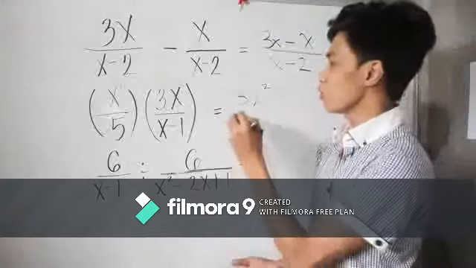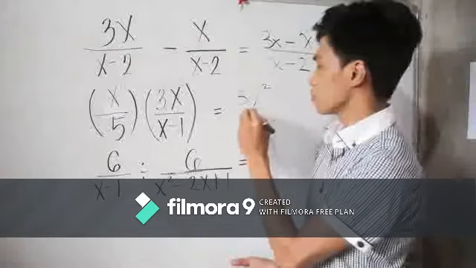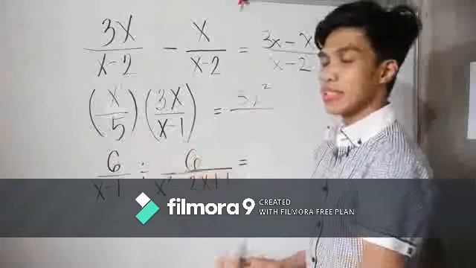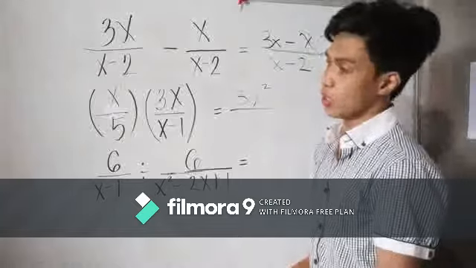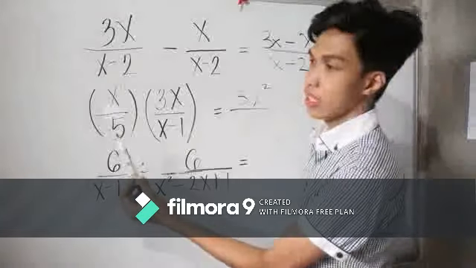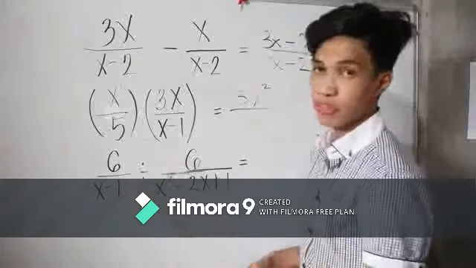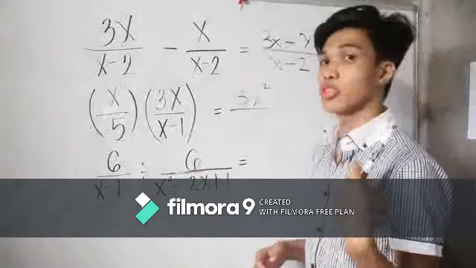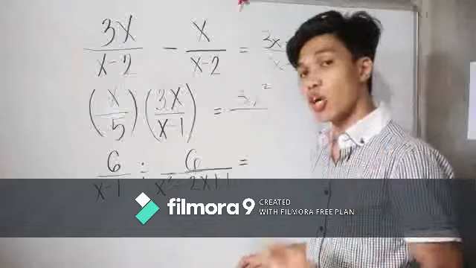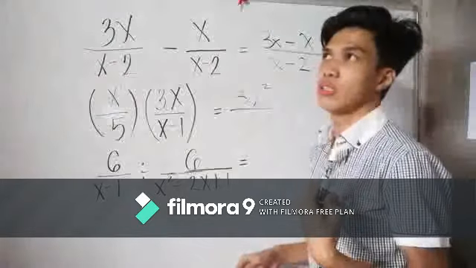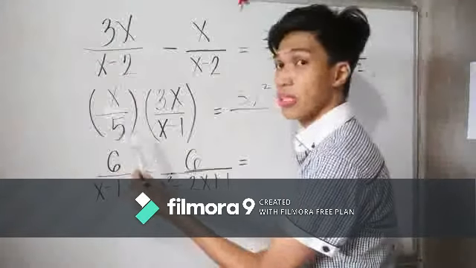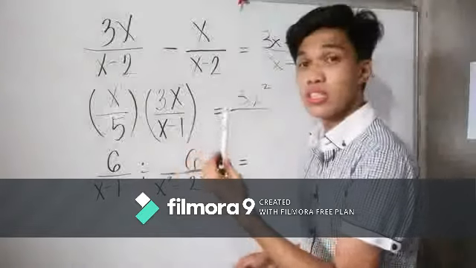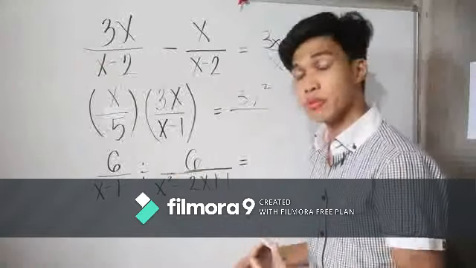That will be over 5 times the quantity x minus 1. We have here a monomial, 5, and a binomial, x minus 1. In order to multiply a monomial to a binomial, we just need to use the distributive property.